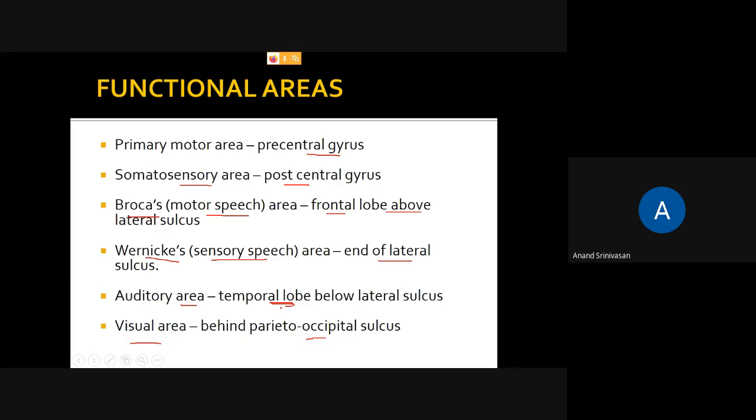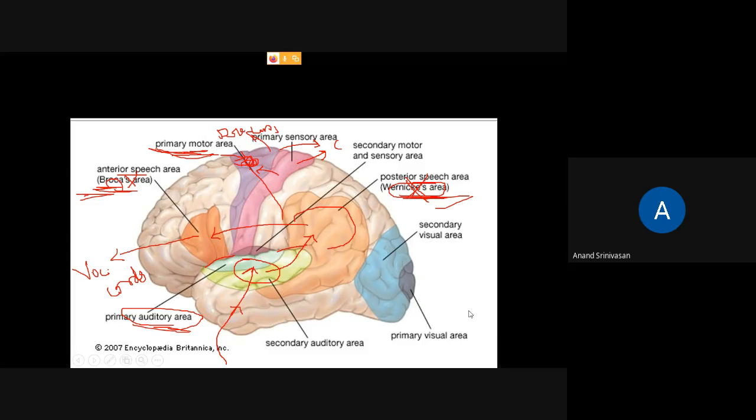All right, and lastly, the visual area. The visual area is the one which is concerned with vision. Our eyes can see, but what makes us understand what we see?